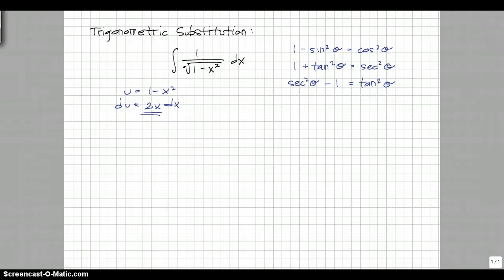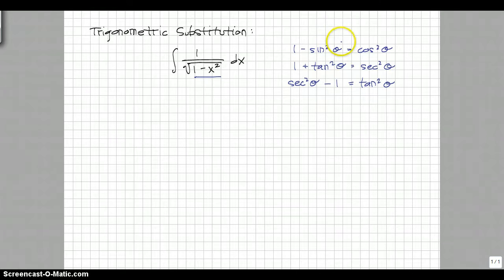So let's get rid of this stuff and go ahead and perform the trigonometric substitution that's appropriate on this example. The substitution that we want to use has to match the piece that we want to replace. So if I look here, what I'd like to replace is 1 minus x squared.